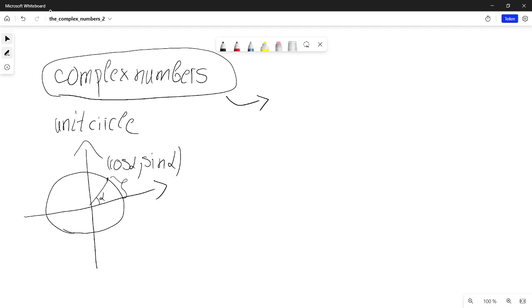Now recall the basic way to introduce complex numbers. We introduce certain sums, a plus bi, where a is a real number and b is a real number, so you have such sums, right?